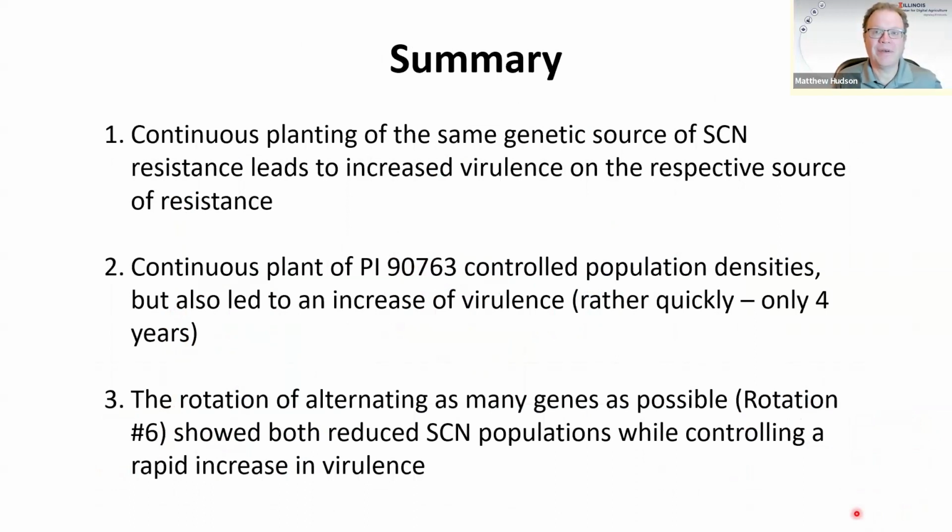Because the nematodes don't move around much, if you're happy with what you're getting, it probably isn't going to damage soybean agriculture globally if you continue to grow PI 88788, because your nematodes have probably already overcome that resistance source, and continuing to plant it is only going to hurt your yields.